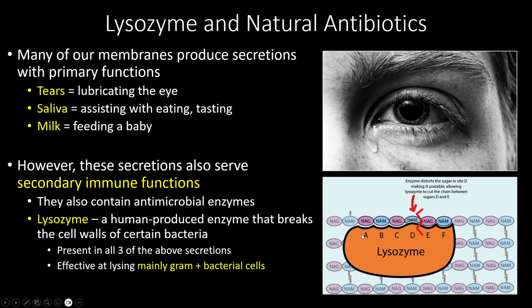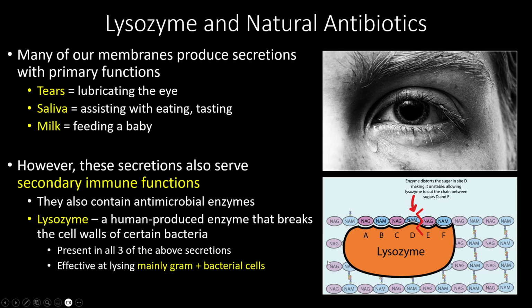It has this cool ability to wedge itself into the cell wall of bacteria and disrupt it. It actually causes a break. So unlike something like penicillin, which mainly causes problems for bacteria by stopping the bacteria from repairing its own cell wall, lysozyme can actually disrupt and break the cell wall.